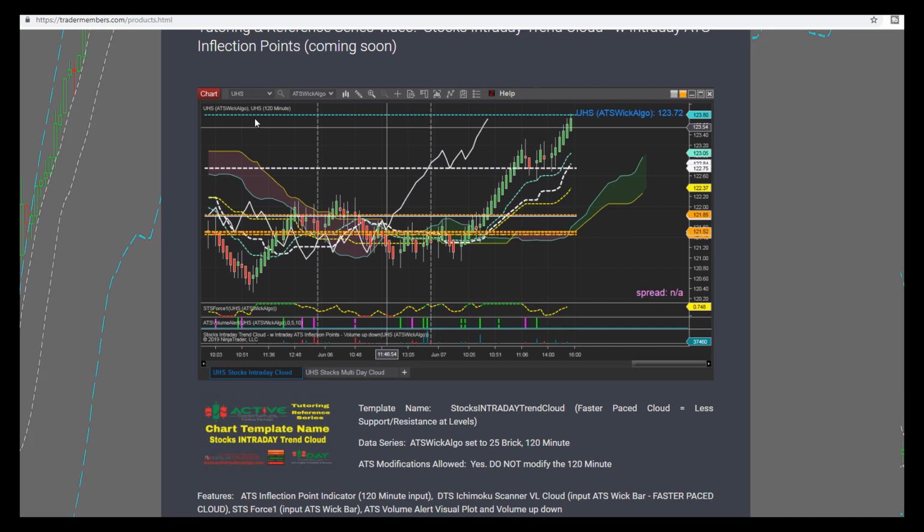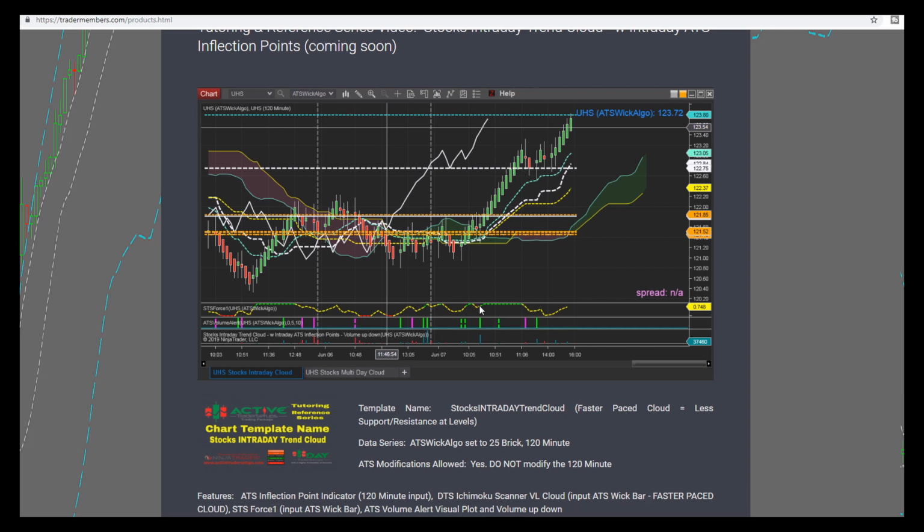You can modify the wick size and leave the plots exactly the same. Do not modify the 120 minute. There are two data series on here. This one's an ATS Wick Algo with a 25 brick and a 120 minute chart running the intra-session inflection points. So we have the ATS inflection point indicator, 120 minute input. We have the cloud running off the ATS Wick bar, faster paced.